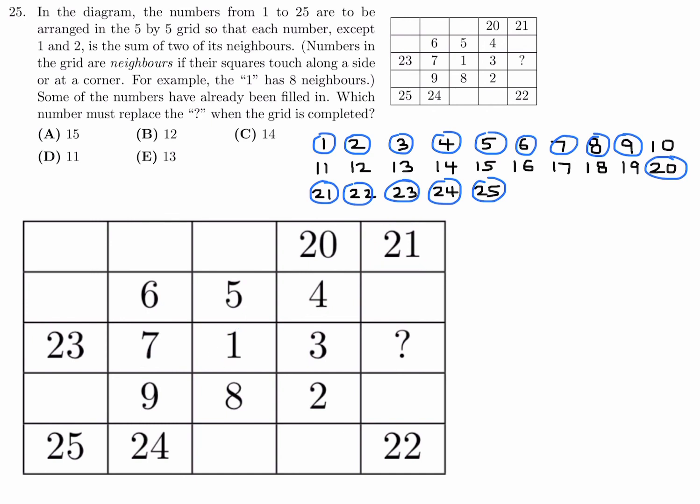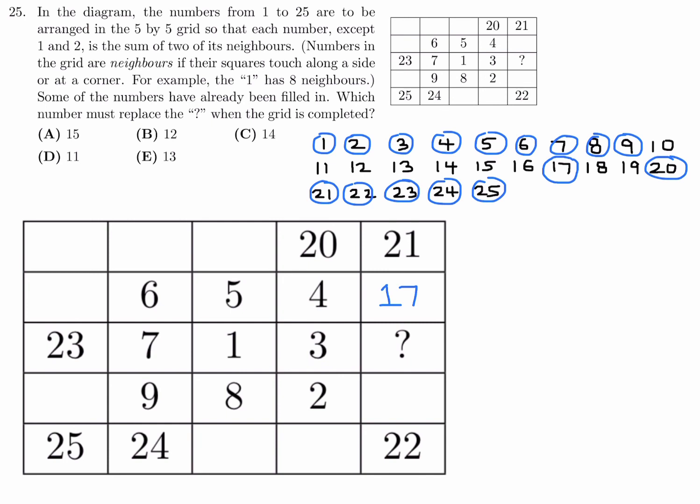So 20 is out. But 4, obviously. So 4 plus something has to equal 21, and therefore that x must be 17. So this 17 I will circle. 17 is guaranteed to go there.